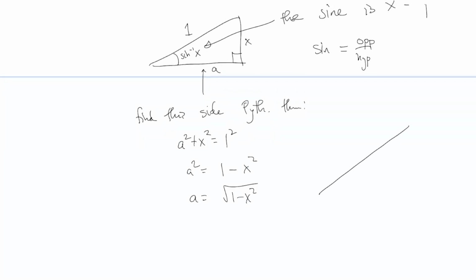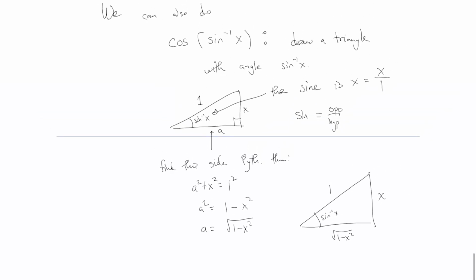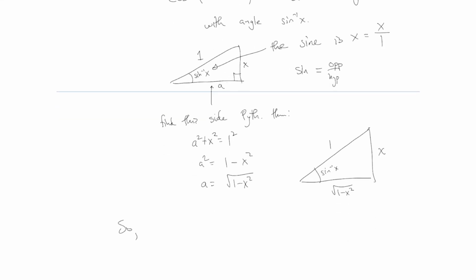So I'm going to redraw my picture now that we know. I have x here, 1 here. The angle is inverse sine x. And the side on the bottom is root 1 minus x squared. And now finally, I can ask, what is the cosine? Remember, all of this was trying to answer this question at the top. What is the cosine of that angle? So, cosine of that angle, it is from this angle the adjacent over the hypotenuse.